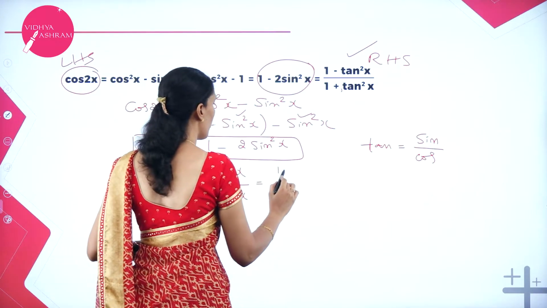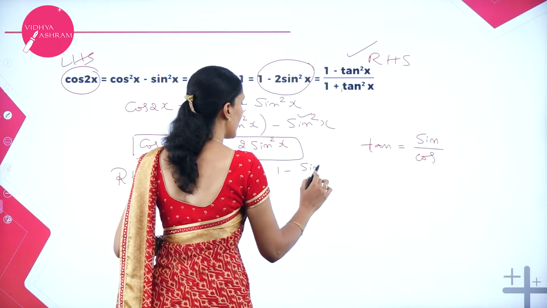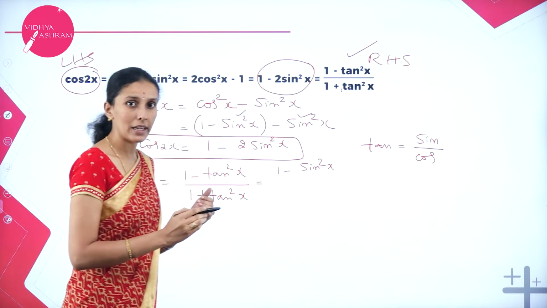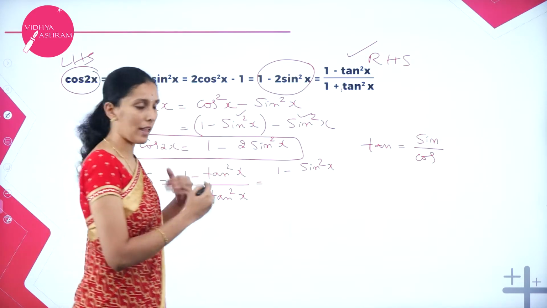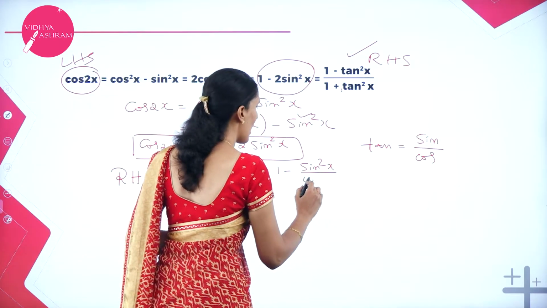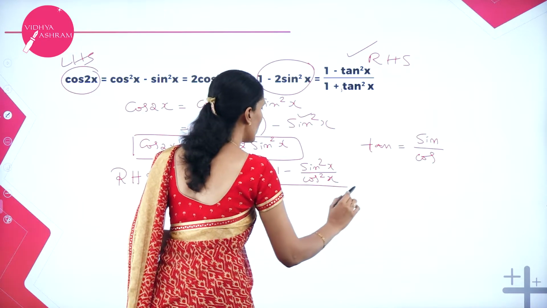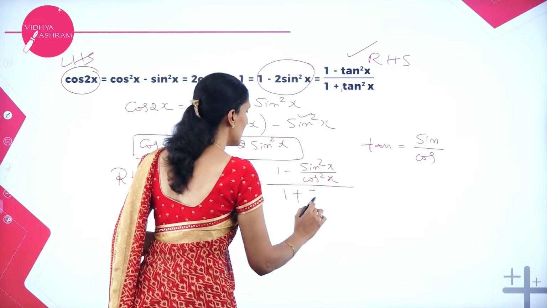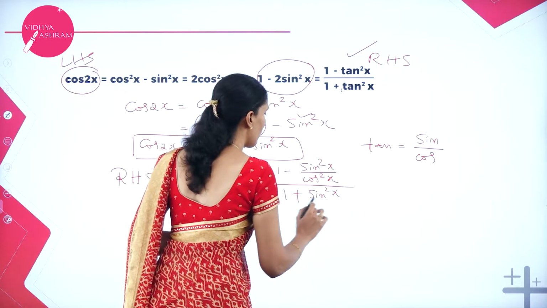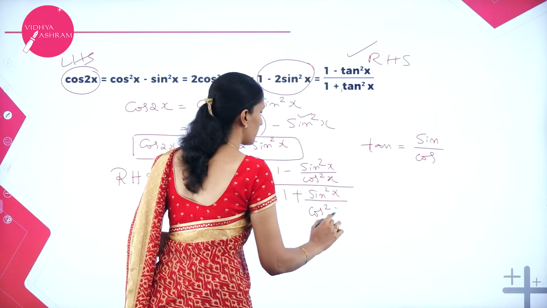So therefore, 1 minus sine square x. Why sine square here? Because we have tan square there. So sine square x by cos square x, whole divided by 1 plus sine square x divided by cos square x.